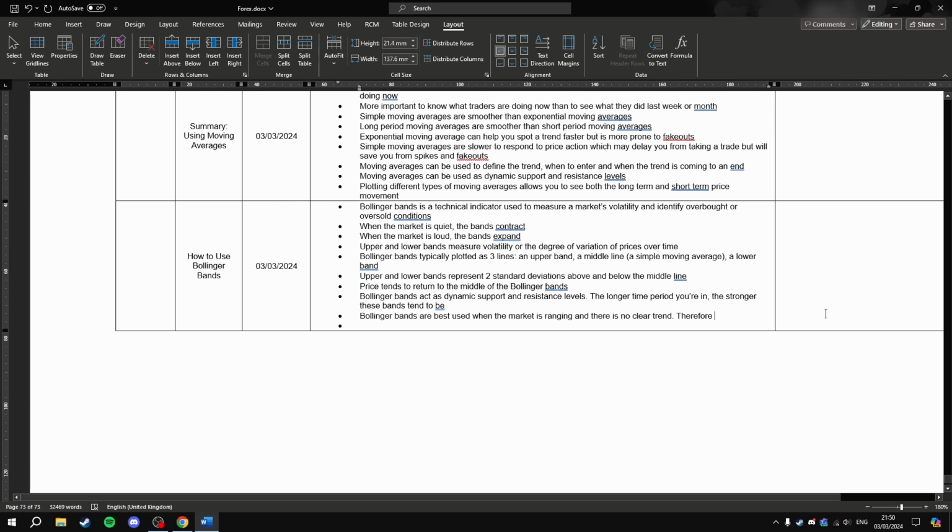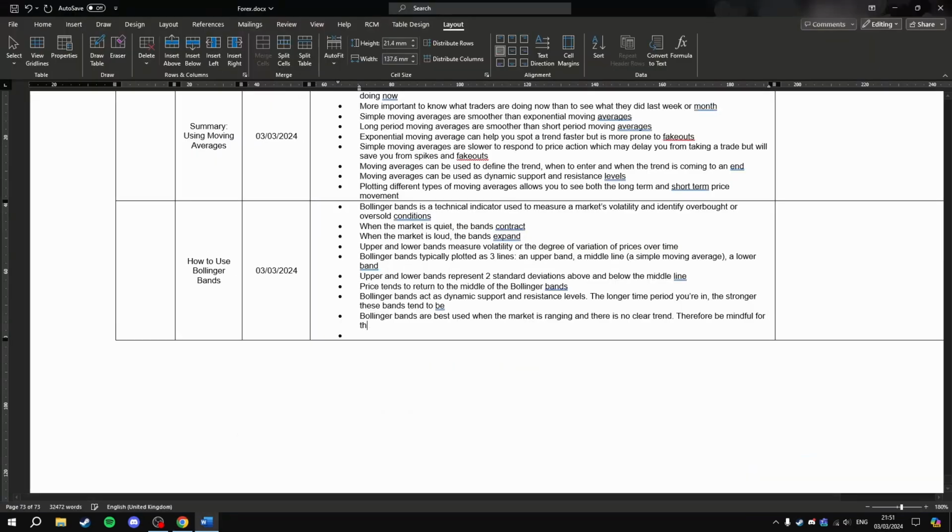Therefore, be mindful of the width of the bands, as they determine whether the market is trending or not, whether the market is volatile or not.